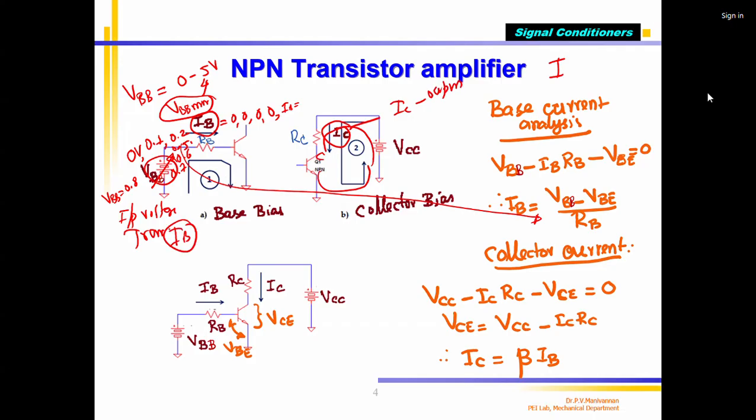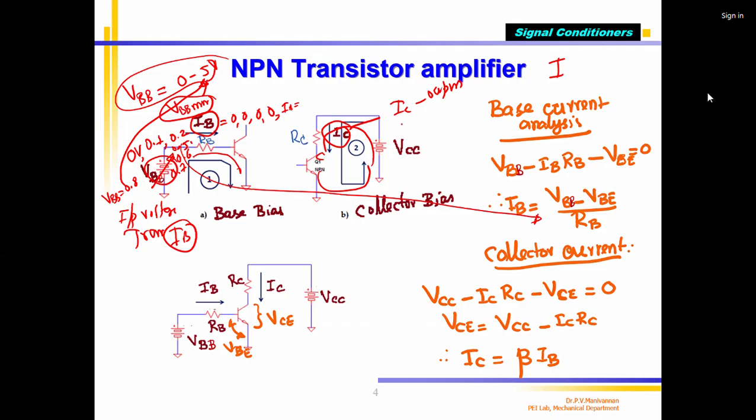IB will flow only when VBB is greater than 0.7, at least 0.8. But how much can it go? It can go up to 5 volts. That's what the manufacturer has told. So only when VBB is greater than 0.7 up to 5 volts, IB will flow into the transistor base. Then only the transistor will conduct.